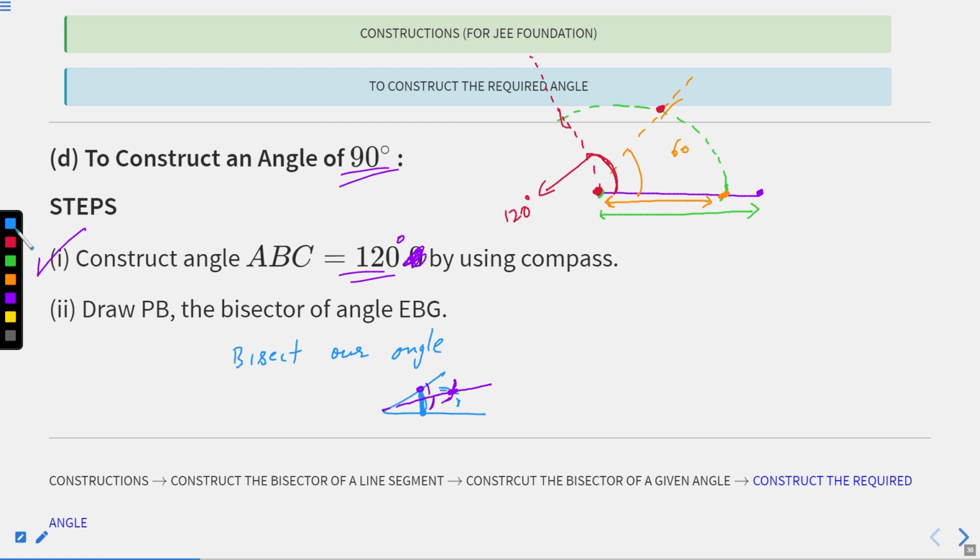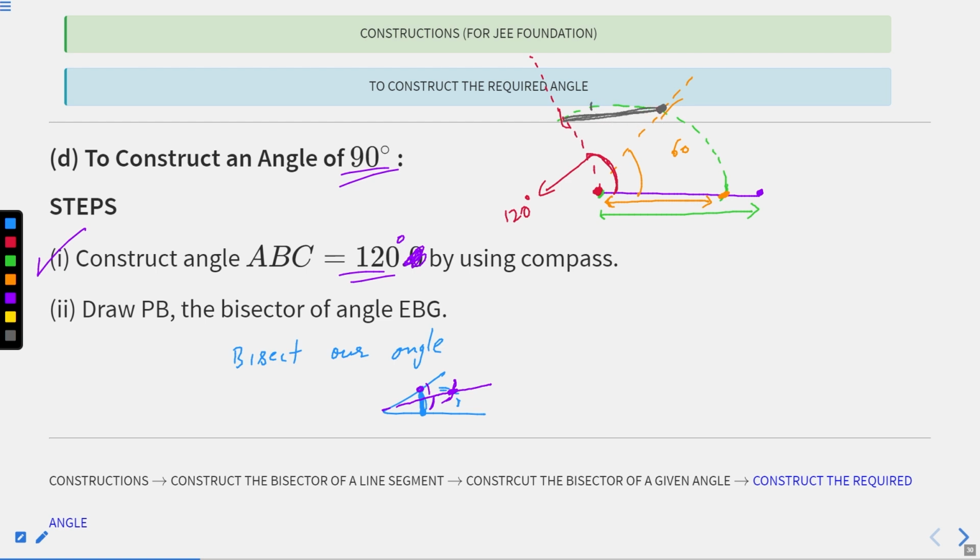We will do the same. So taking the center here, and the length is more than the half of this length, joining these 2 points.